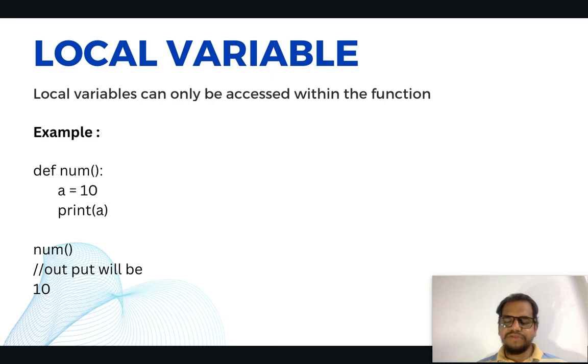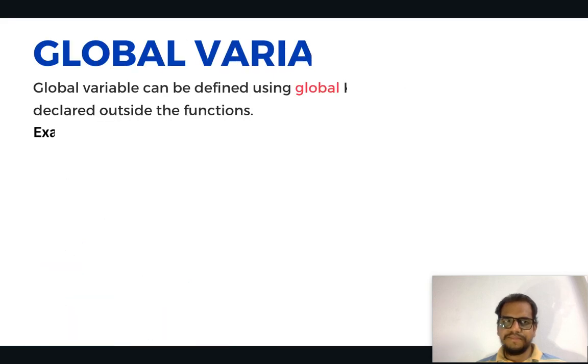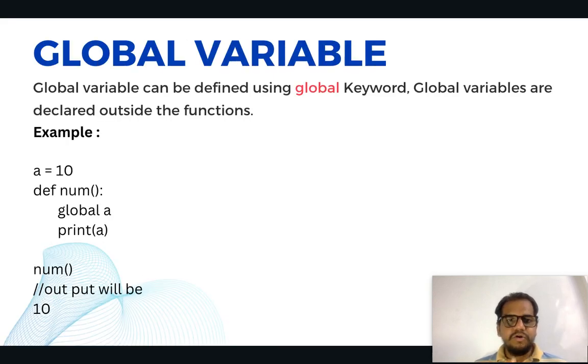Next, a global variable can be defined using the global keyword. Global variables are declared outside the function. Here is one major difference between a local variable and a global variable.